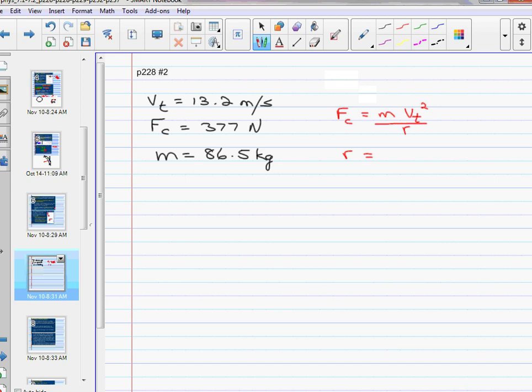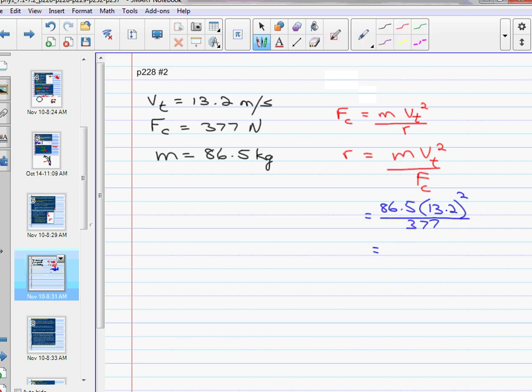Multiply by r, divide by our force. Mass, what do we have, 86.5? We were moving at 13.2, which we'll have to square, over 377 newtons.